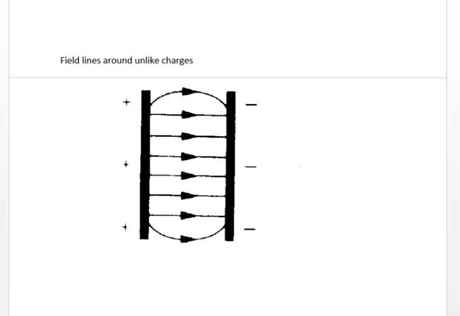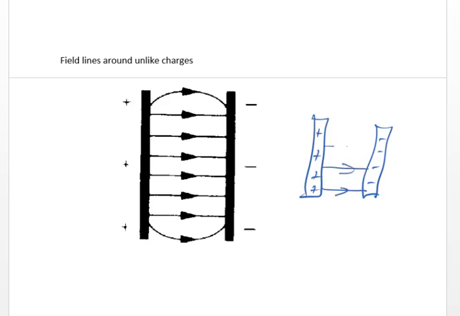So as you can see, this is positively charged, this is positively charged. So if we have something like this, positive, positive, negative, negative, what we have is something like this, from positive to negative, from positive to negative.